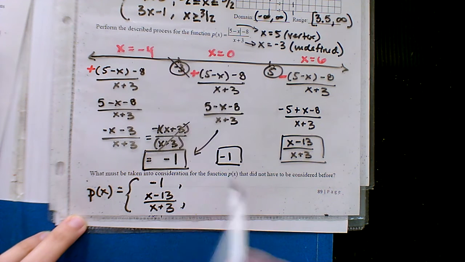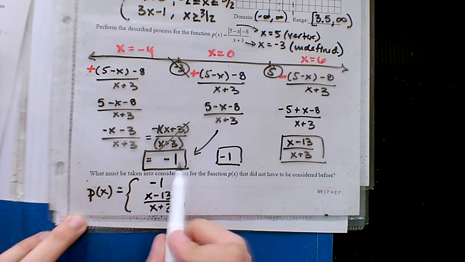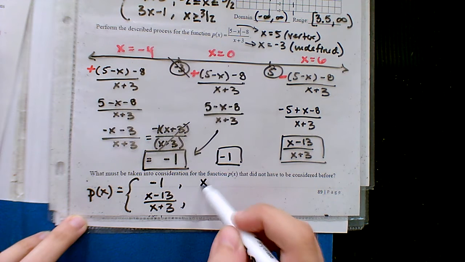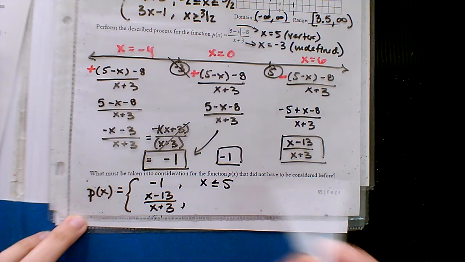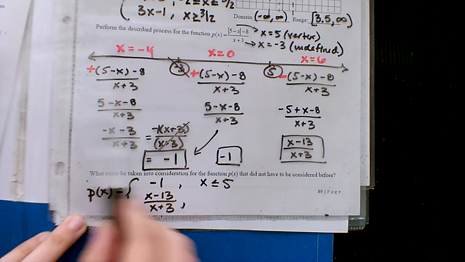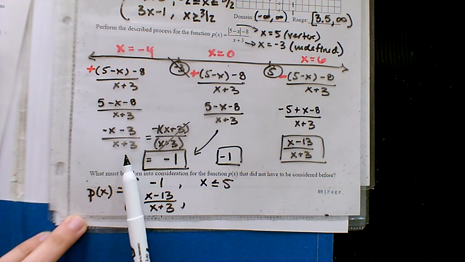So can we write an inequality stating where this happened? What do you think, Hadley? Could you make it less than or equal to 5? All right, x is less than or equal to 5 because notice how at 5 it ended and everything less than that we said was -1.